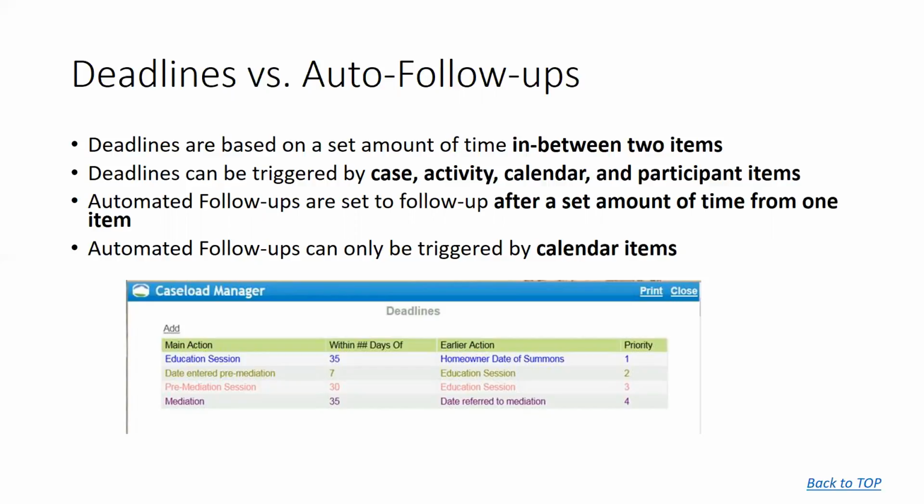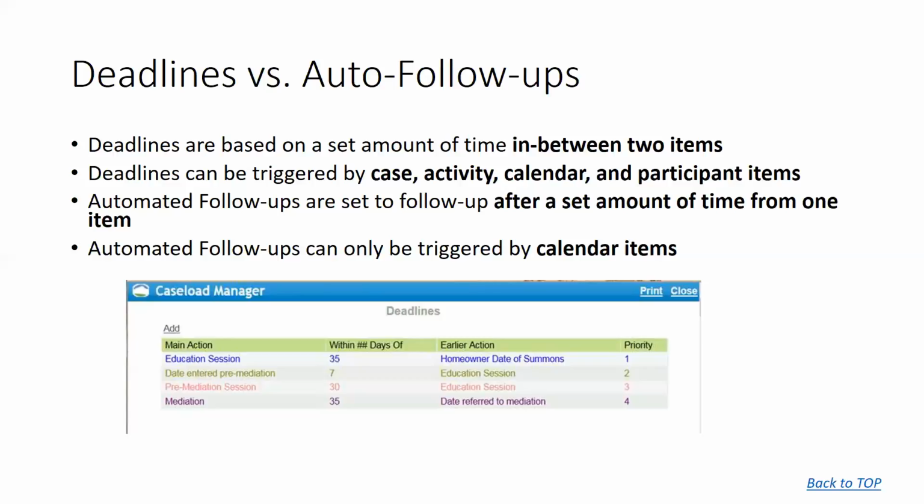All right, so if 7 days passes and they have not scheduled their pre-mediation, it means they are in trouble. And you get this lovely green color attached to all the participants. So now you know, hey, these people are late. And it might be that they are now remanded back to court, or that they've lost their right to mediate. Whatever it is, you set up your deadlines to track the information you need to. Okay, so again, just explaining some of the differences here.